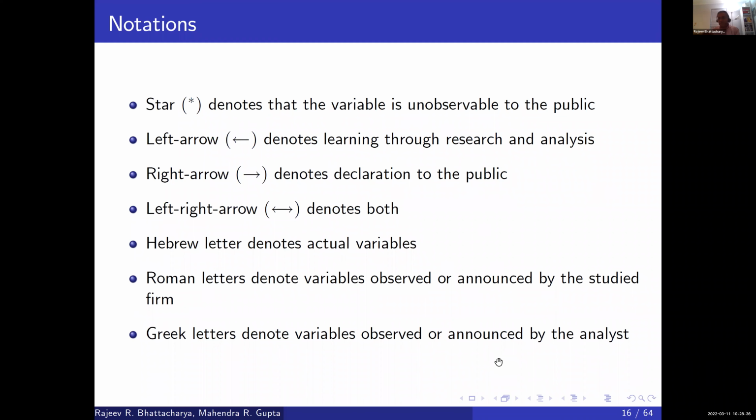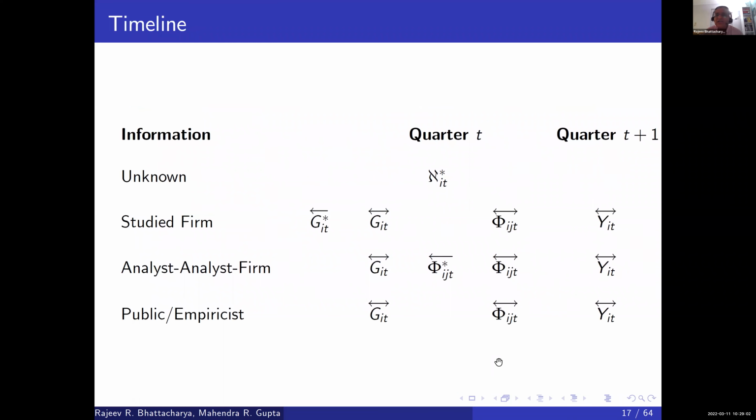In the interest of time, I'm going to move through some of this. In our notation, star means unobservable to the public, left arrow is learning, and right arrow is declaration. We'll use a Hebrew letter for the actual variable, a Roman letter for observed or announced by the studied firm, and a Greek letter for the forecast. And this is the timeline.